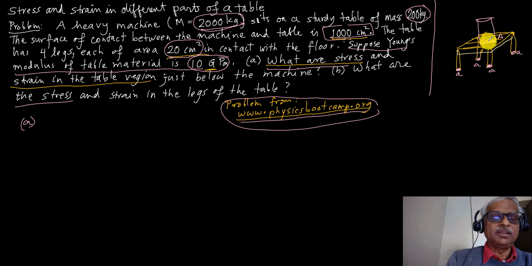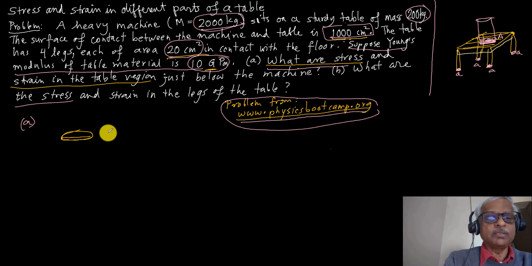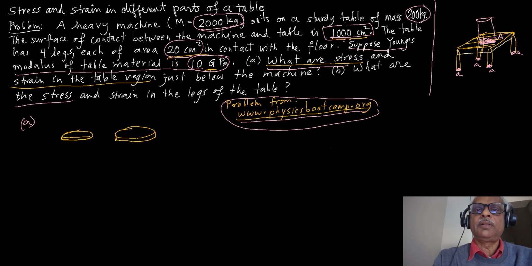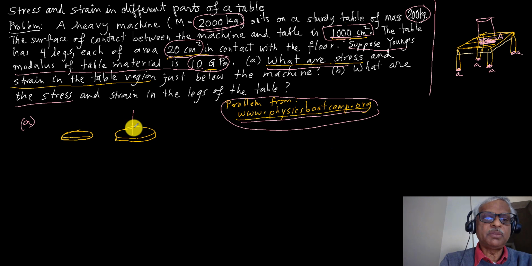So here is a wood. Let me redraw it. I have a tiny space of wood like this. On this wood, you have the weight of the machine.